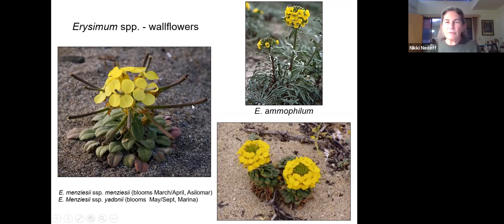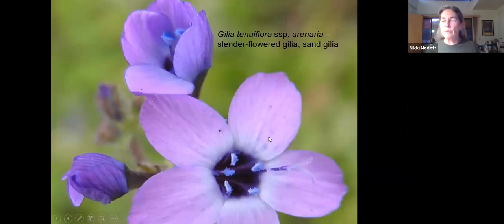It's just fascinating. So how would you tell these two apart? Well, first, environmental context. Are you in Asilomar or are you in Marina? And then, of course, secondly, all these plant characteristics that you now can identify as being unique to these different species, these different leaf shapes and this different inflorescence height. It's all part of the package that goes along with identifying plants.